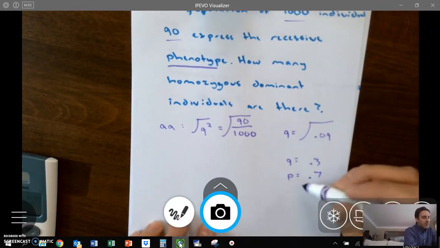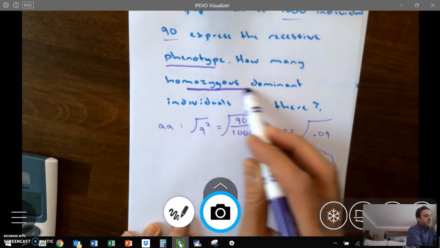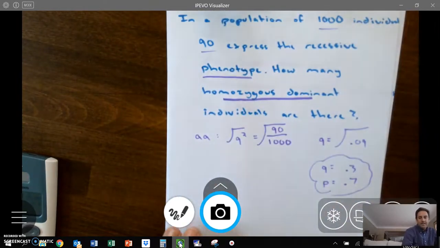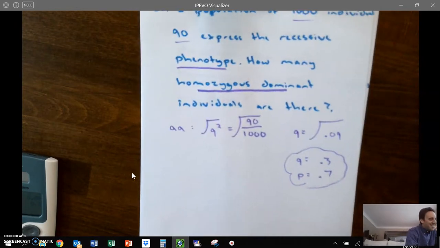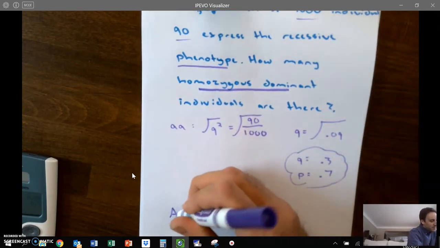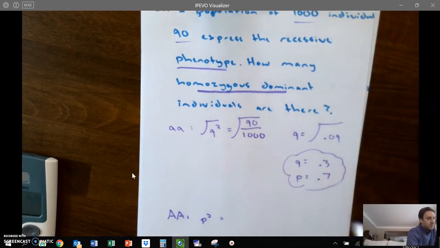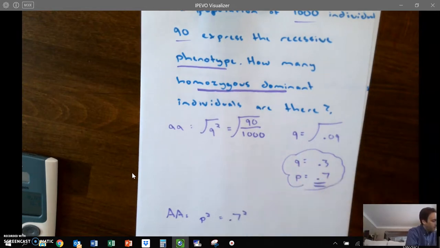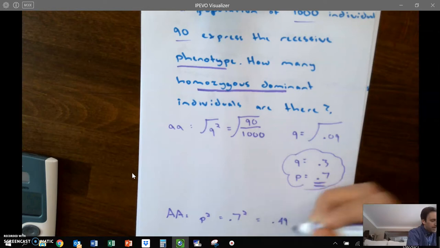So now that I have P and Q, these are important. Now it's asking how many homozygous dominant individuals are there. To solve that, homozygous dominant is going to be big A, which is equal to P squared, which is equal to, since I just calculated P is 0.7, 0.7 squared. And if I plug 0.7 times 0.7 into my calculator, I get 0.49.